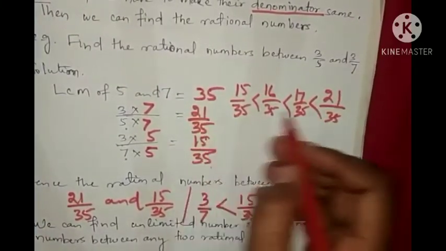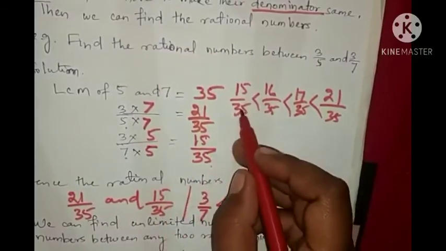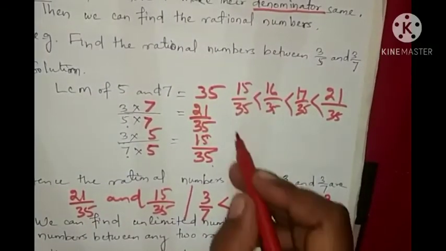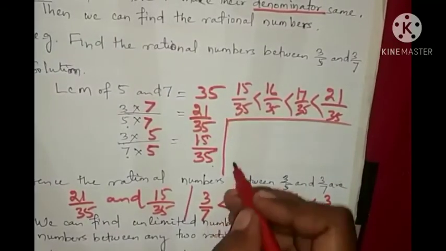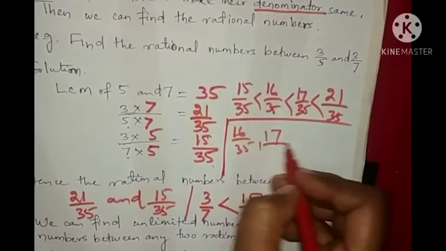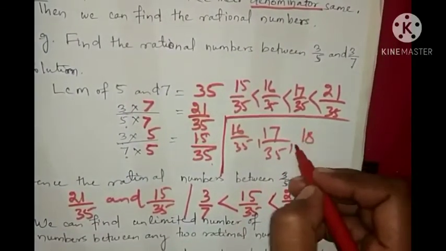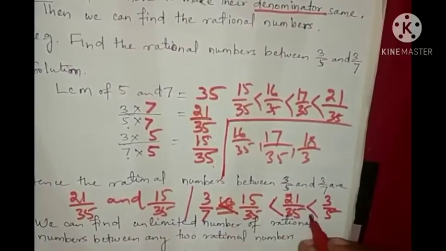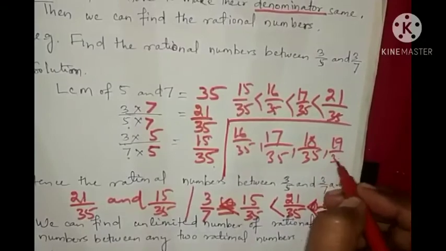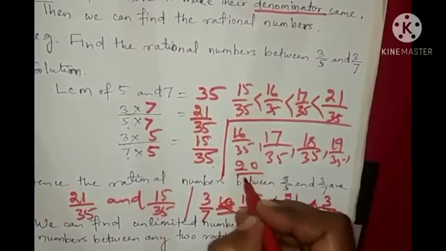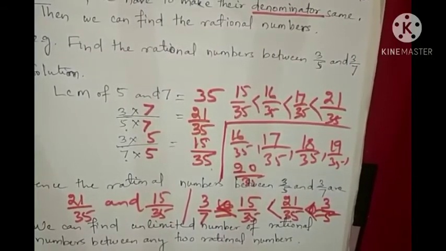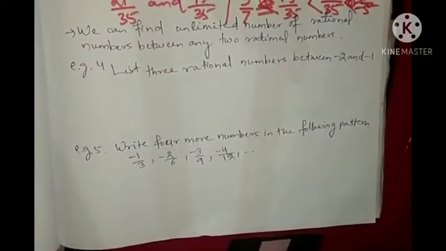The rational numbers between 3 by 5 and 3 by 7 are 16 by 35, 17 by 35, 18 by 35, 19 by 35, 20 by 35.